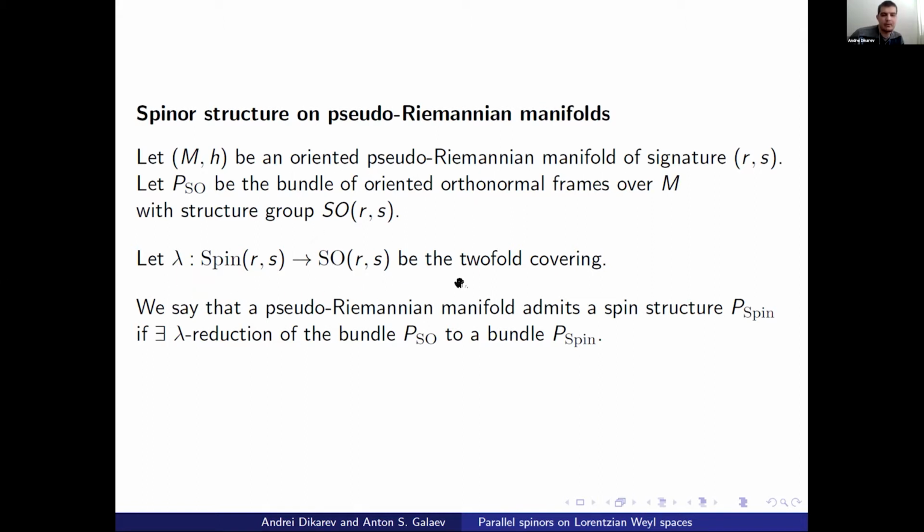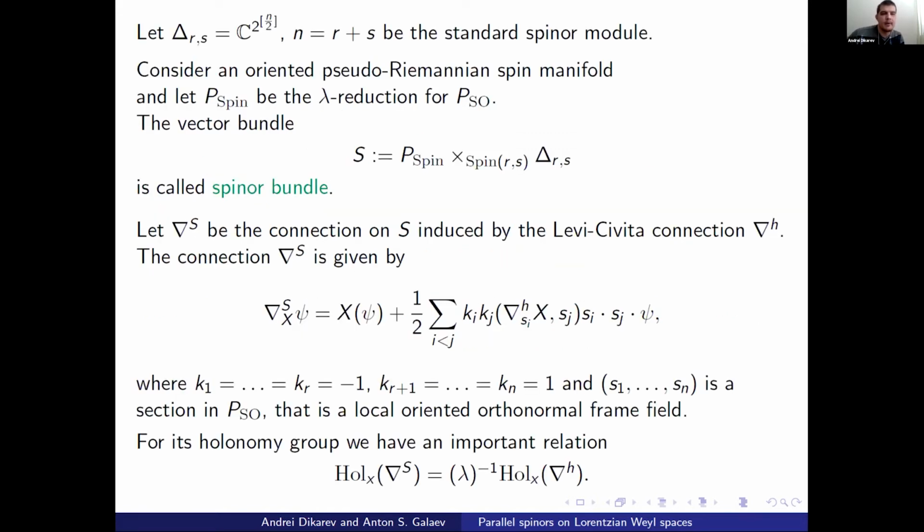Let lambda be the two-fold covering of SO by Spin(r, s), and we say that the pseudo-Riemannian manifold admits a spin structure P_Spin if there exists a lambda reduction of the bundle P_SO to a bundle P_Spin. Denote by Delta(r, s) the standard spinor model.